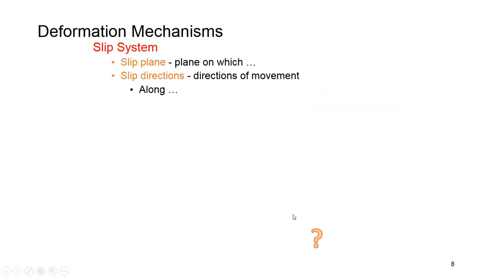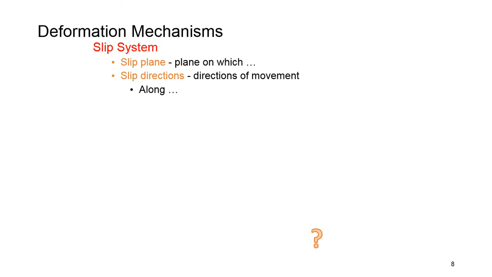But where does this deformation take place? This deformation takes place along slip planes in or towards the slip direction. By slip plane, we mean a plane in which the easiest slippage occurs.